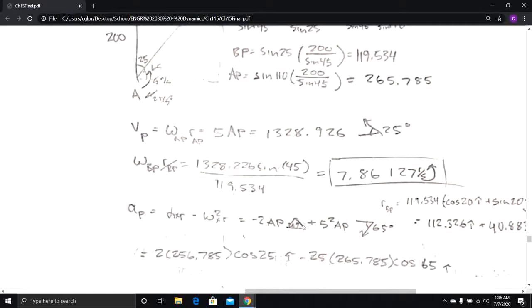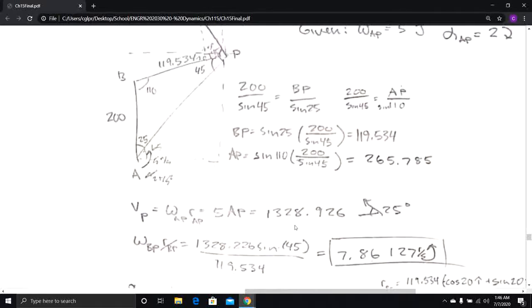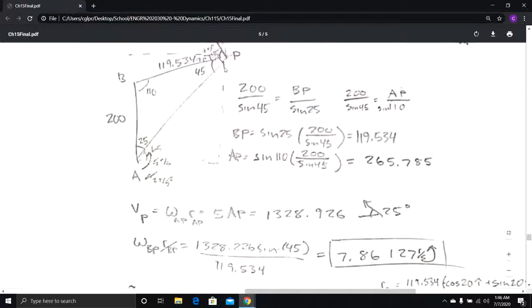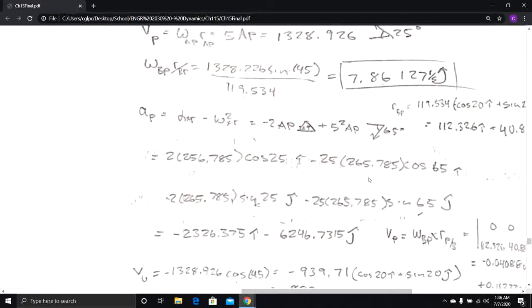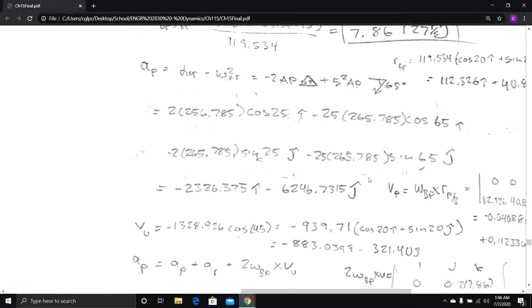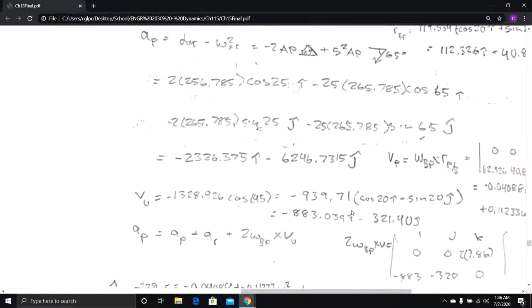Anyways, we break it up into individual components. I'm able to find 25 degrees here from looking at the drawing that I've made. Then the normal acceleration is going to be at a 90-degree angle from that. So that gives me acceleration of P in the i and j components.